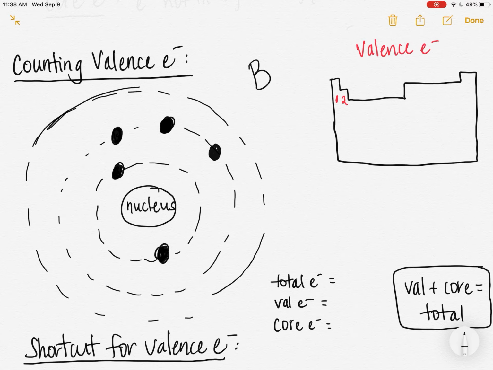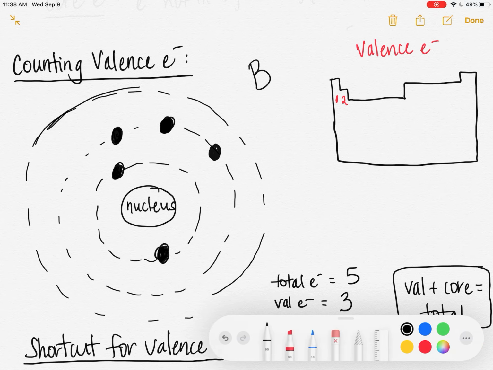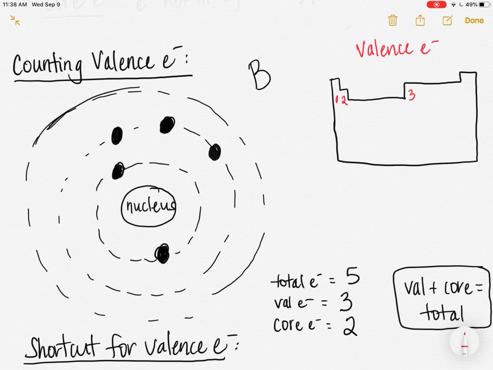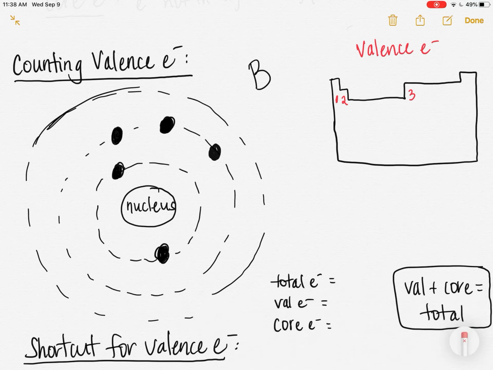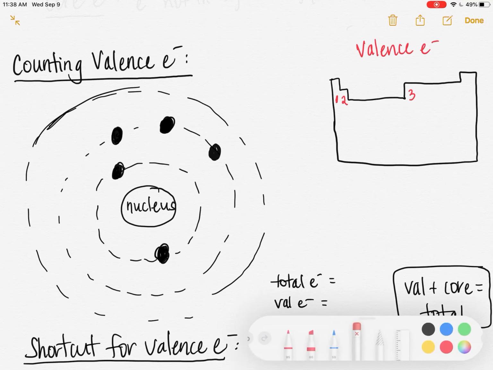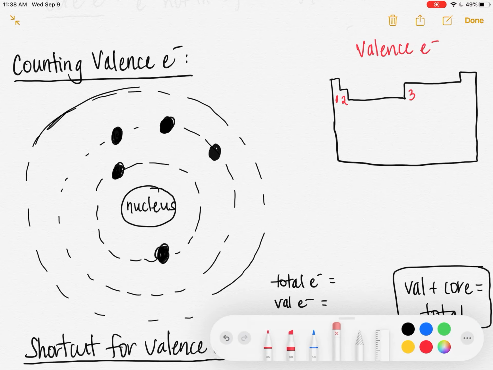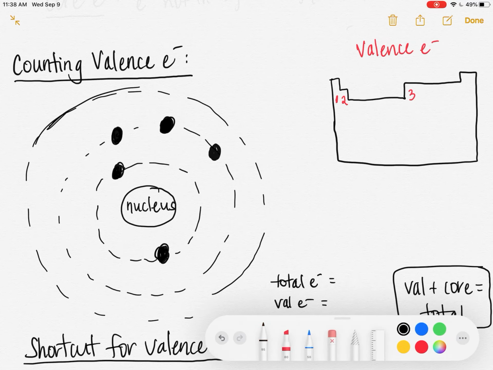So if I do my little box here as I'm going through these, boron has a total of 5 electrons. Valence electrons are 3 because the second level is my outer level, and core electrons are still 2. Again, 2 plus 3 gives me 5. So filling in my little chart, boron, who's over here, has 3 valence. Are you sensing a pattern? Can you see we're going to a pattern here?